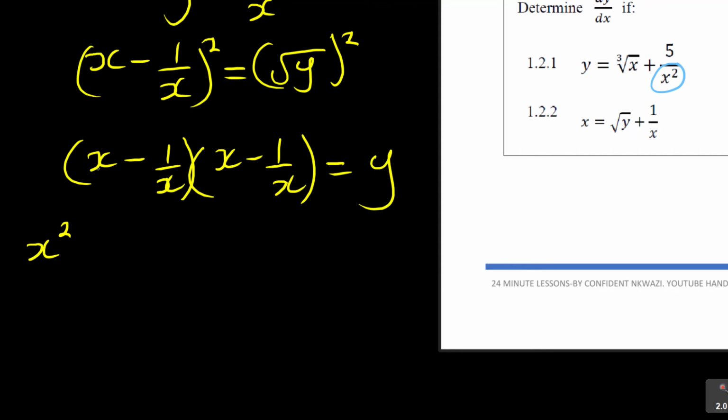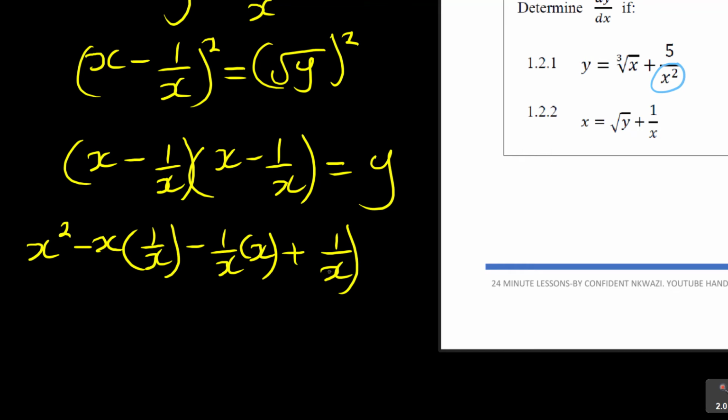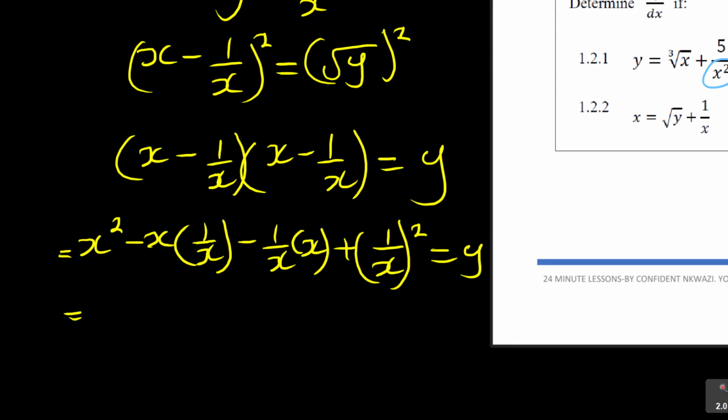Now x times x squared, x times this, so you have minus x times 1 over x, and again minus 1 over x times x, see that, and then this is plus 1 over x squared, which is equal to y. So I don't have to put an equal sign at the end there.